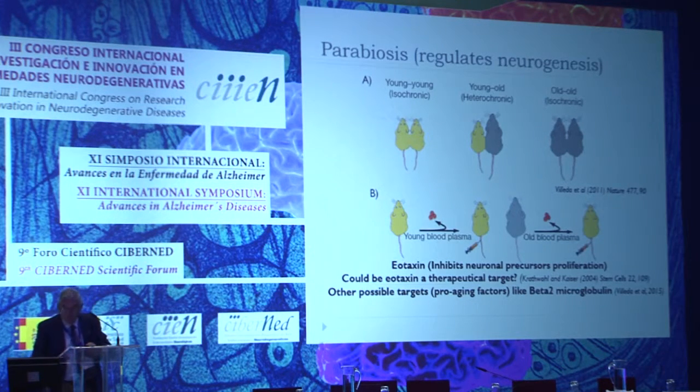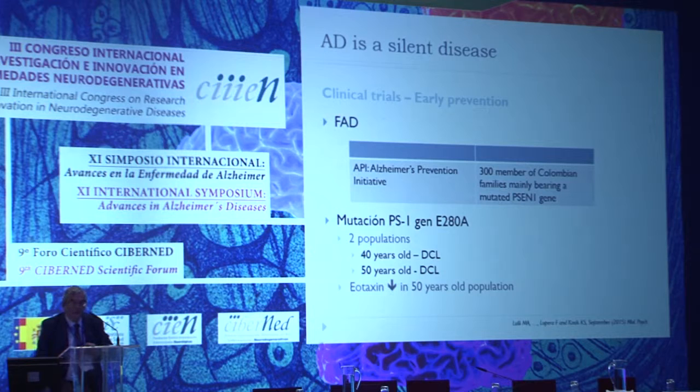And also, to follow a little the talk of Professor Rosor, he told us that to prevent the disease, there is a clinical trial in Colombia trying to prevent the appearance of Alzheimer's disease in familial cases. Familial cases are those in which you have a mutation in a gene and you know that with that mutation, if you live long enough, you will have the disease for sure.